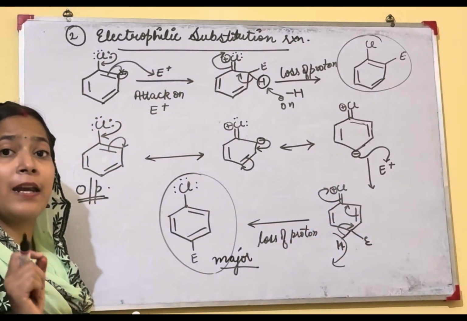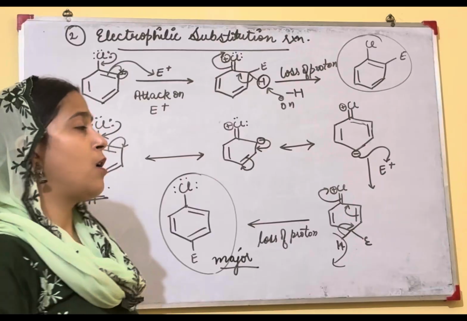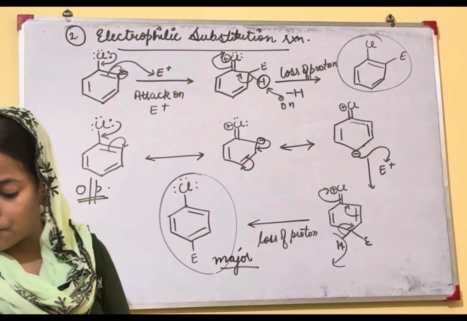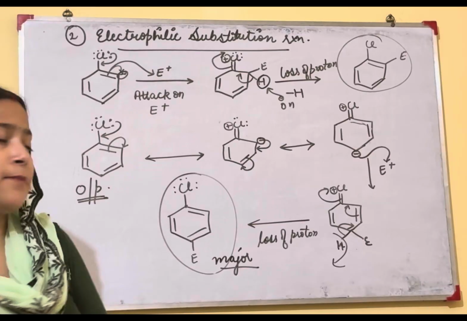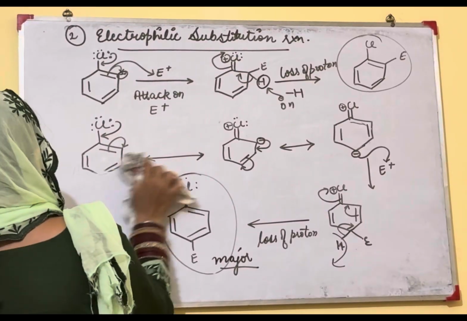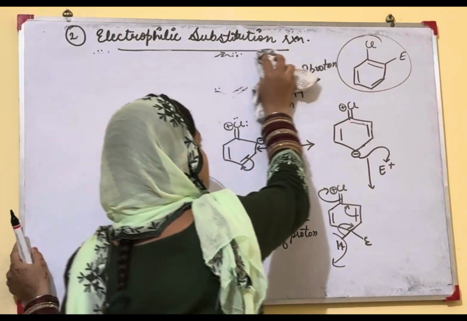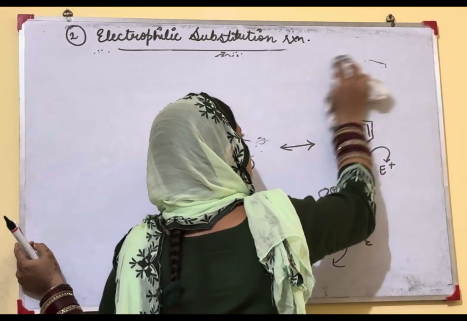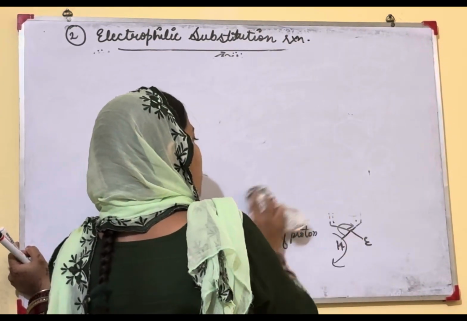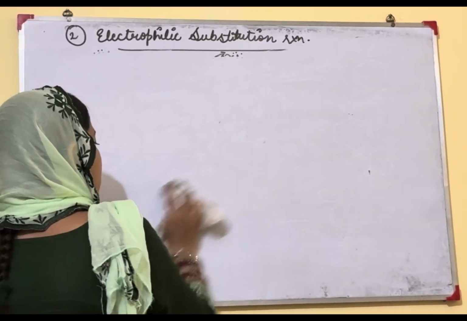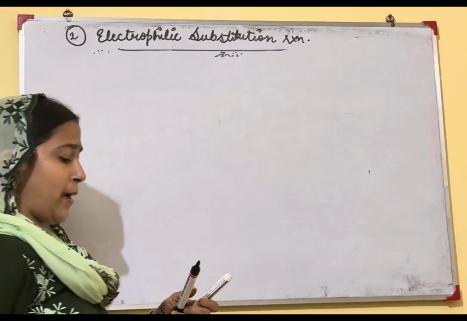It will never come at the meta position. So it will always form ortho and para product. Now consider another thing. If we add an electron withdrawing group at the ortho or para position, its effect will be more pronounced here as compared to meta.